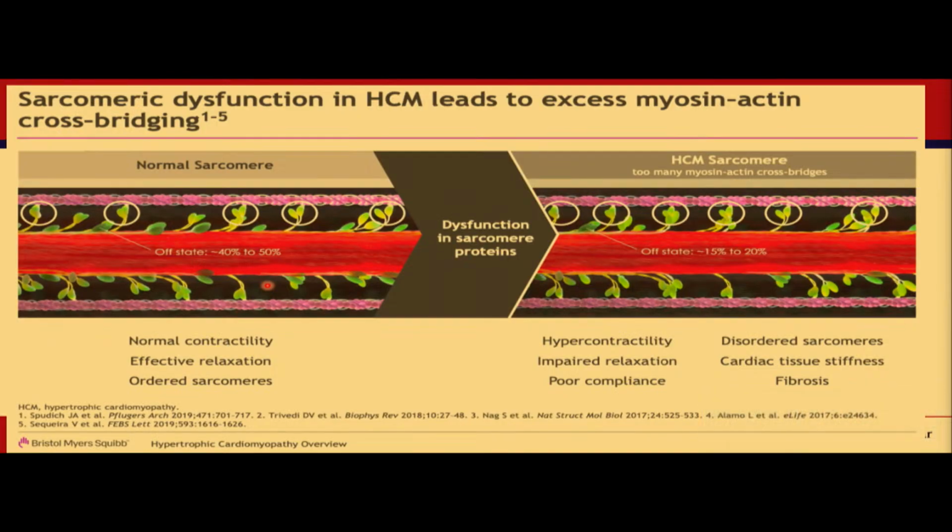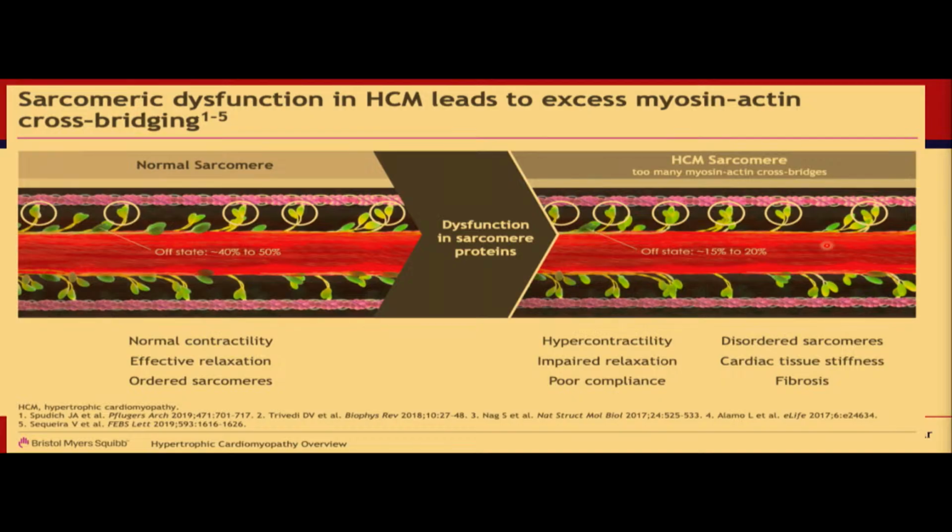So how does the sarcomere dysfunction occur? Here we have the normal sarcomere. Again, you can see the myosin heavy chain attachment to actin. Normal contractility, effective relaxation, they are very ordered in the sarcomere structure. What happens when we have dysfunction because of hypertrophic cardiomyopathy? You can see there are more myosin heavy chains attached to actin.